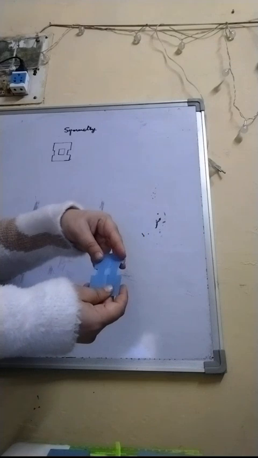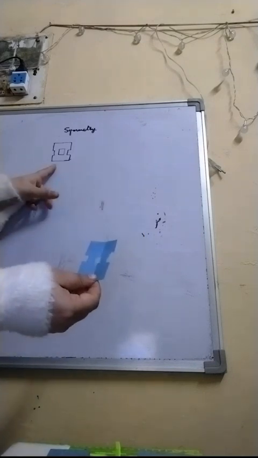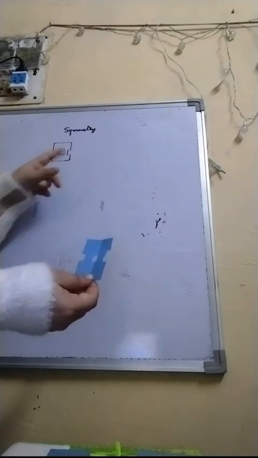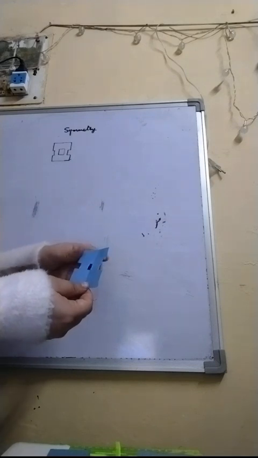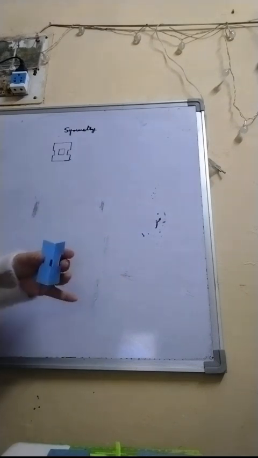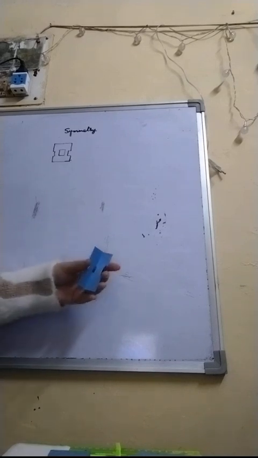So it is like this, and we had drawn an eye with the hole. So in this way, this is the fourth part done.